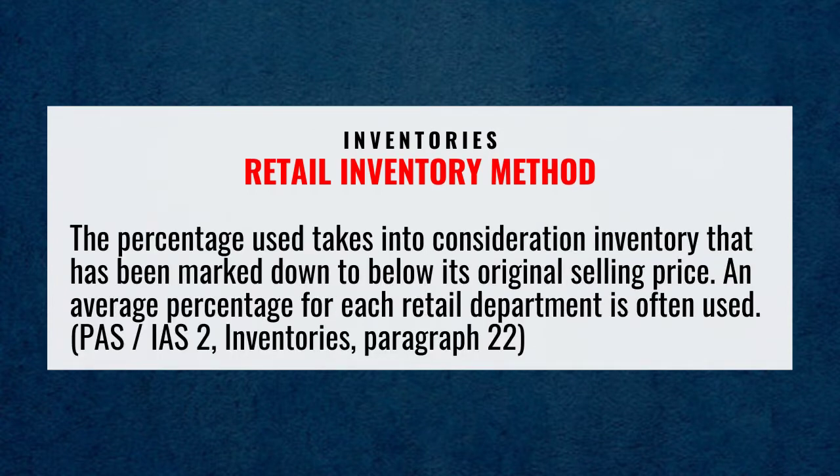The percentage used takes into consideration inventory that has been marked down to below its original selling price. An average percentage for each retail department is often used. PAS or IAS number 2, inventories, paragraph number 22.